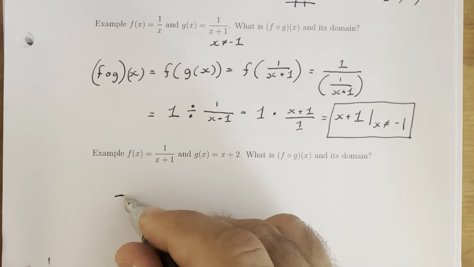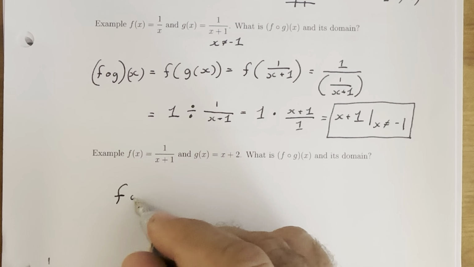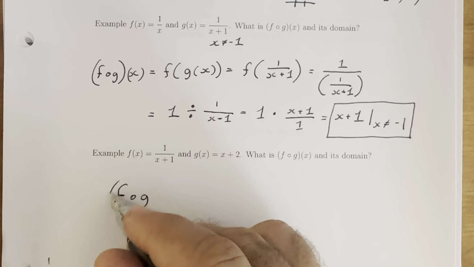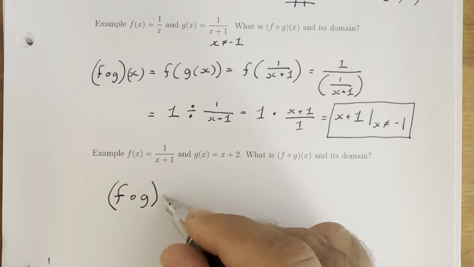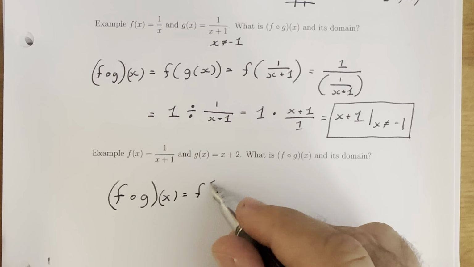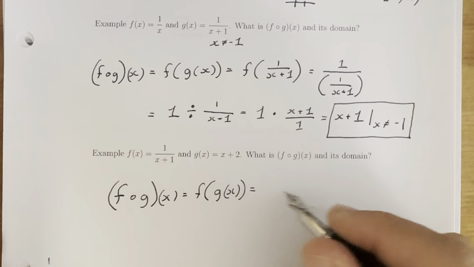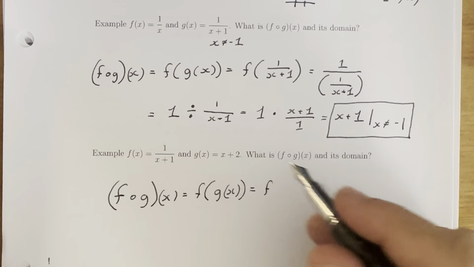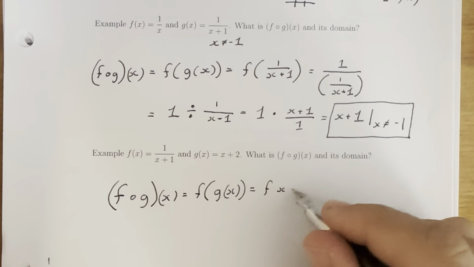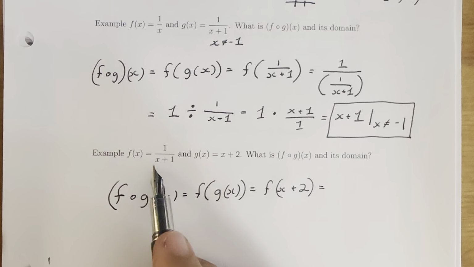F, and you should be saying this aloud with me as I'm saying this, f composite g of x is the same as f of g of x. And what is g? G is x plus 2 in this case. And so that's what I'm going to plug in here.